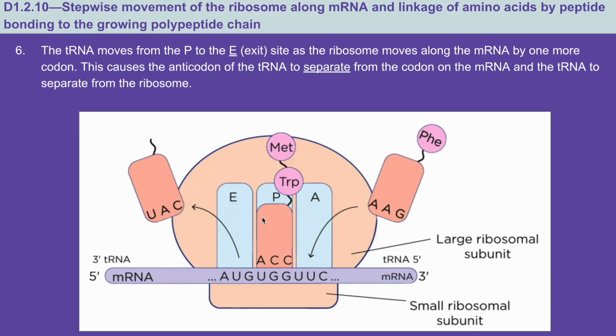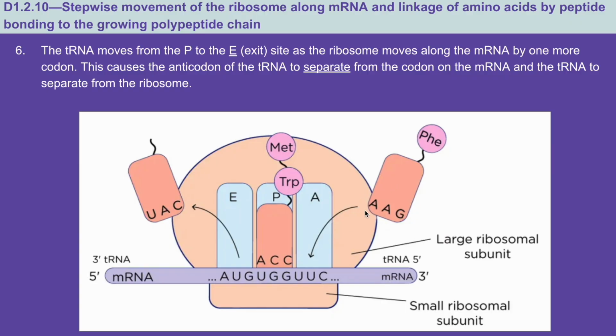Once the tRNA arrives at the E site, then it can exit, and it can go get recharged up again and transfer another amino acid if another codon was reached that was complementary to the anticodon. Now, there's no more than 2 tRNAs in these 3 binding sites at any given time. So once this tRNA exits, another amino acid is going to be able to enter the A site.